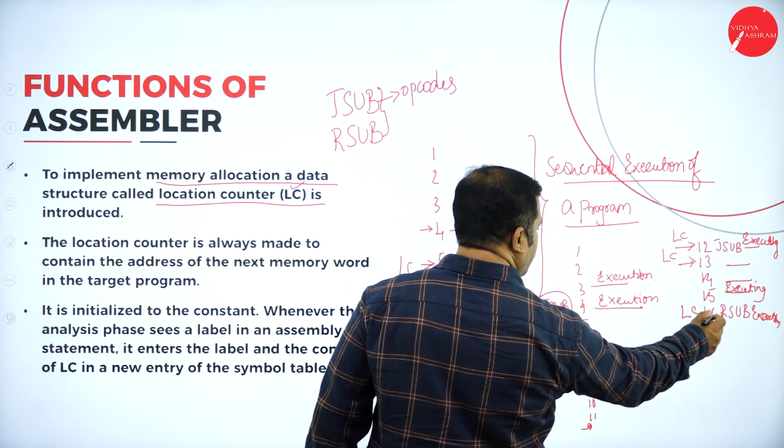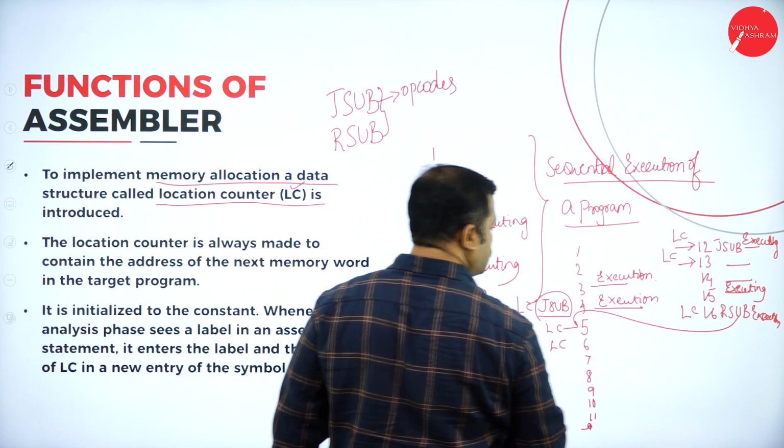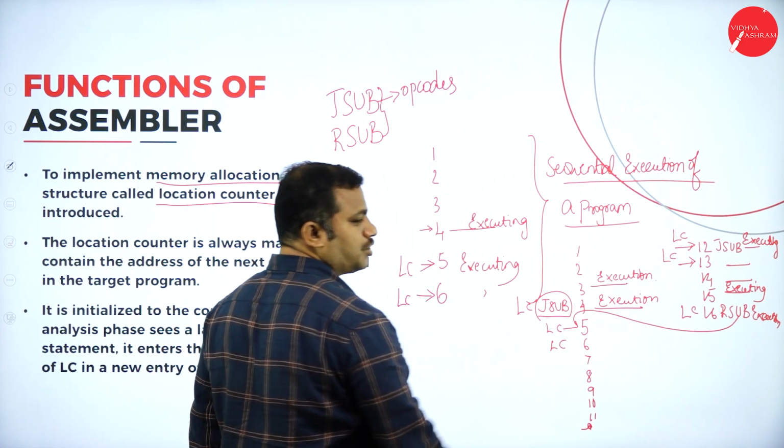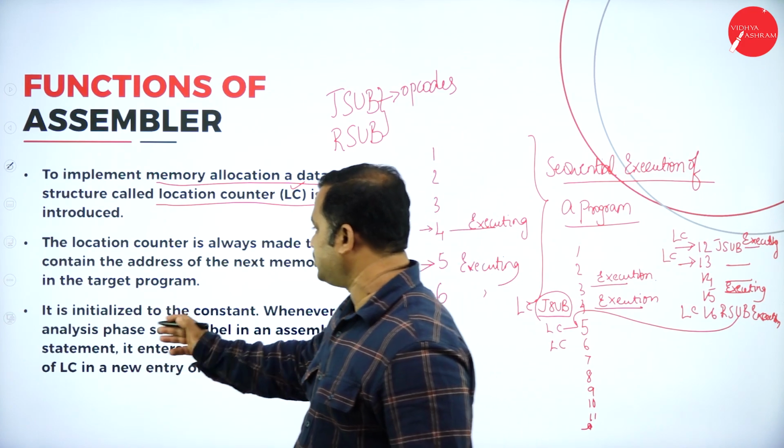Then immediately when the control jumps from here to here, the location counter points to the next. This process continues until the execution of the entire program completes successfully. That is what is stated here.